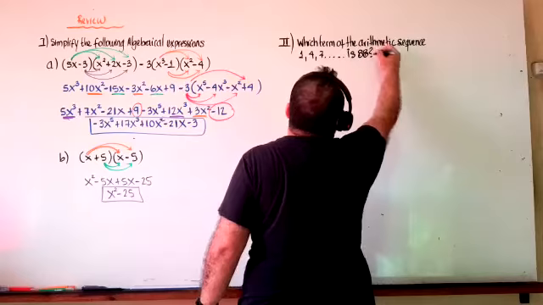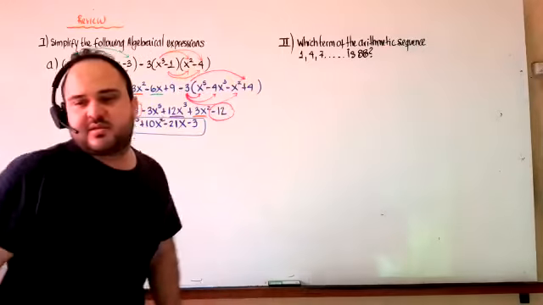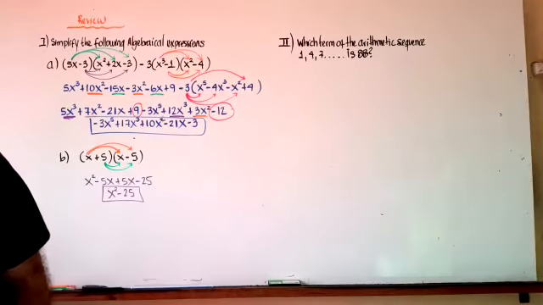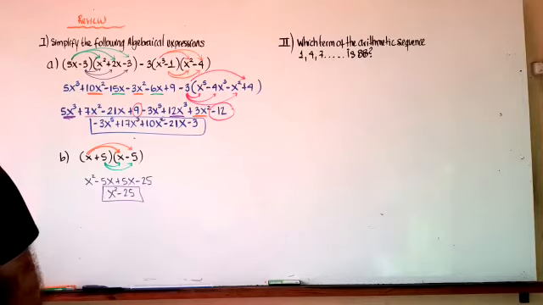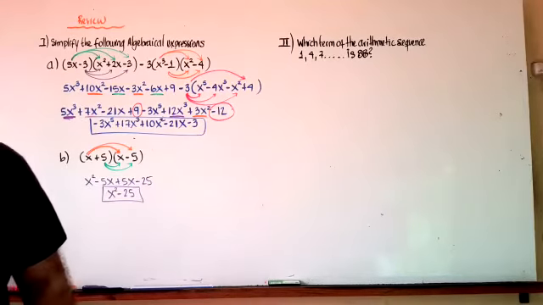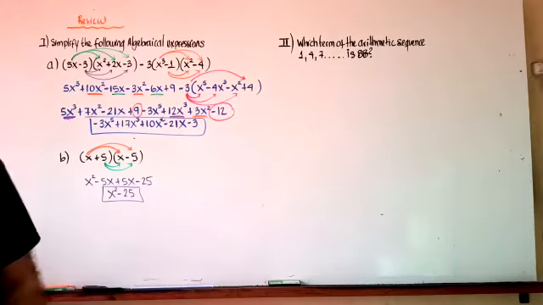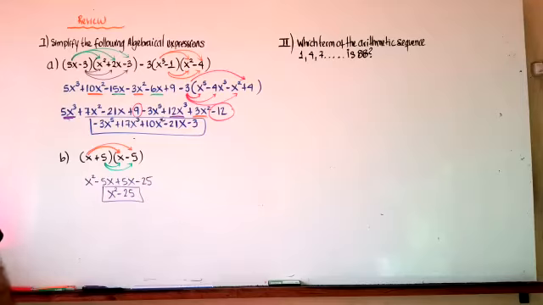Which term of the arithmetic sequence 1, 4, 7 is 88? This is the question the problem is asking.